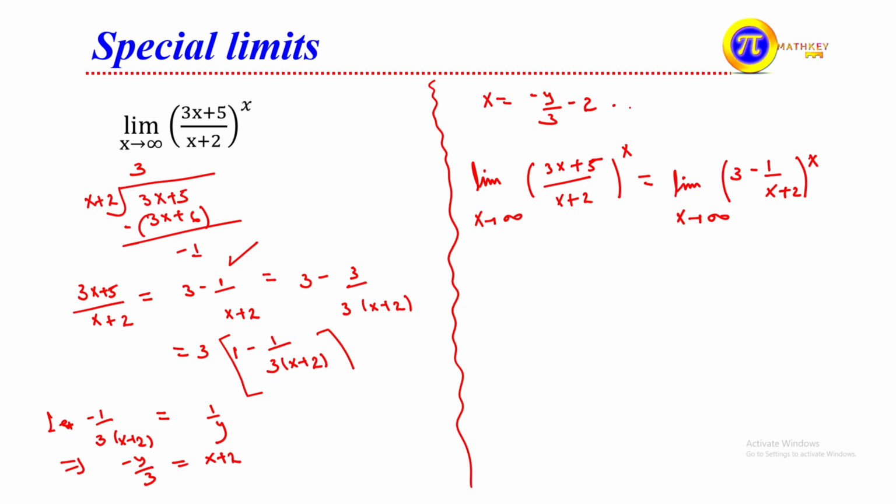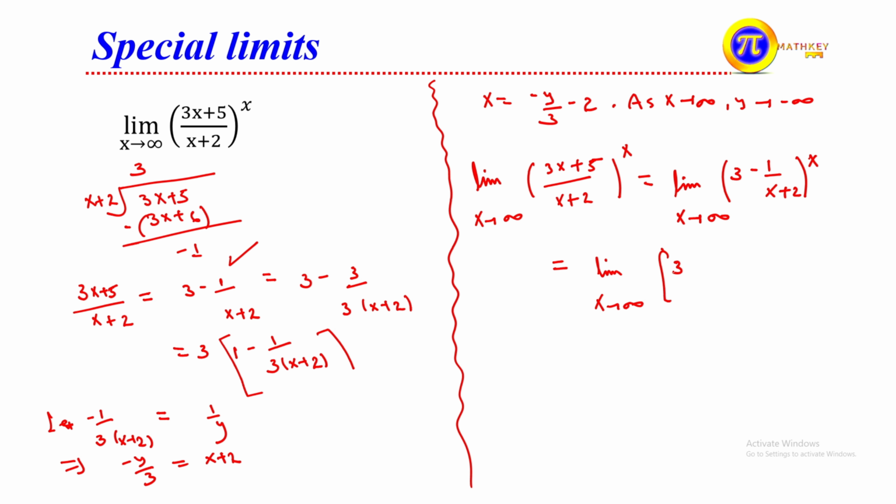As x approaches positive infinity, what about y? y approaches negative infinity, since the coefficient of y is negative 1 over 3, so it must be negative.